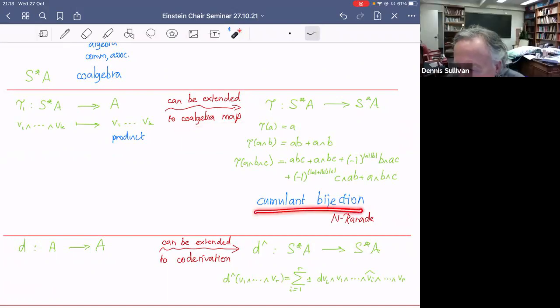Can I say something? Yes. This tautology you've been discussing was sort of discovered by physicists, and this is a formulation of it in math terms, you might say. And the cumulant bijection was motivated by an Einstein chair lecture, and it's on tape.